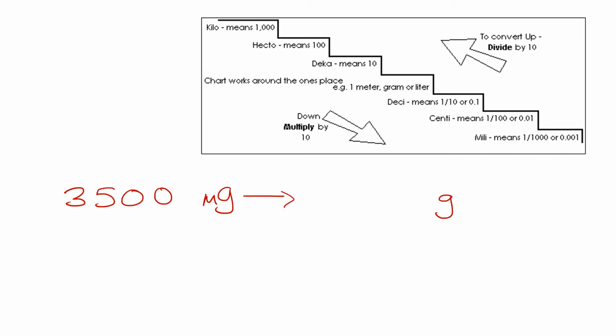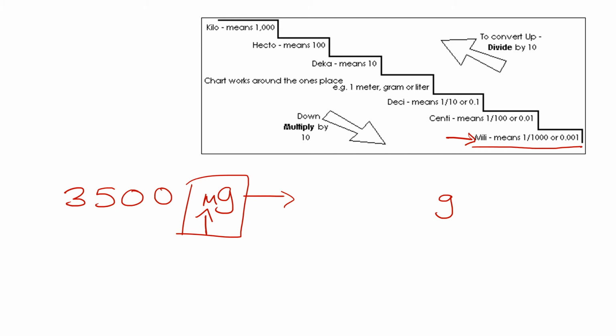Well, the easiest way to do it, the way I like to think of it, is to use our little stair-step chart. And we start by finding what place value are we in, what prefix do we start with? Right here with our milligrams, we're starting with milli. That's where we are. So find our milli on our stair-step chart, and milli is all the way down here at the bottom. Milli is 1,000, so there are 1,000 milligrams in 1 gram.